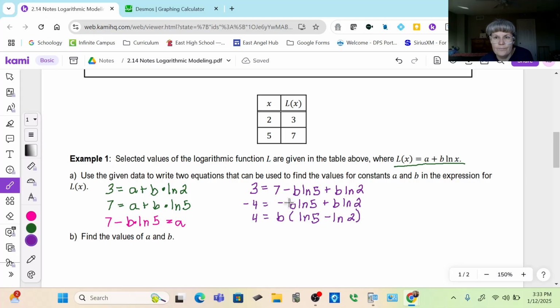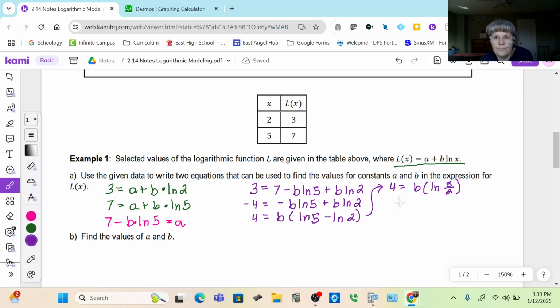I was dividing everything on both sides by negative 1, but also at the same time factoring out a b. So what we can do is condense the natural log of 5 minus the natural log of 2. So that becomes b times the natural log of 5 over 2, or the natural log of 2.5.